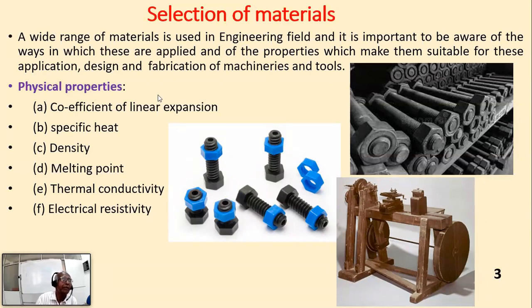Physical properties of metals: coefficient of linear expansion, specific heat, density, melting point, thermal conductivity, electrical resistivity. These are the basic things, the physical properties of metals or materials.